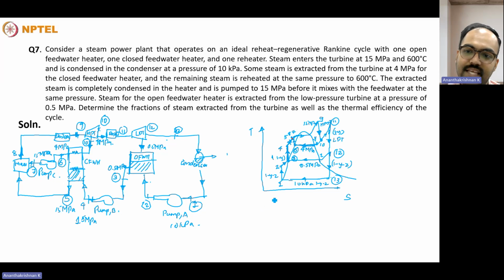Okay, so that is a schematic, and we'll try to approach it just like the previous way, in an algorithmic manner, and it's straightforward actually. We need to determine the state points, and we try to solve it just like the previous case. Here, an additional component of the closed feed water heater will also be there. That's the only difference.